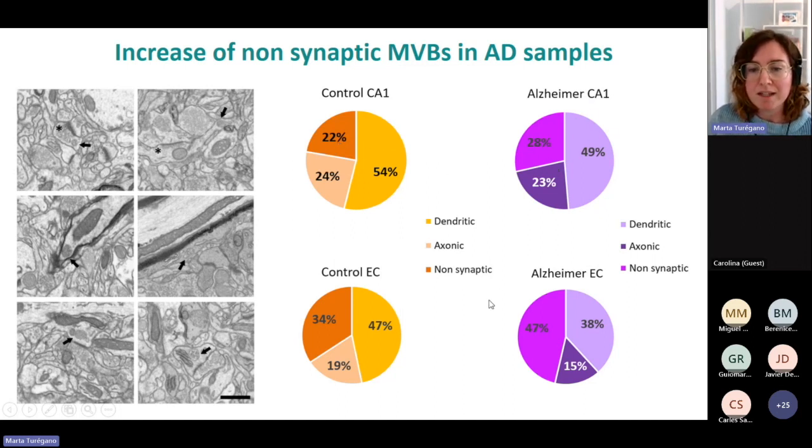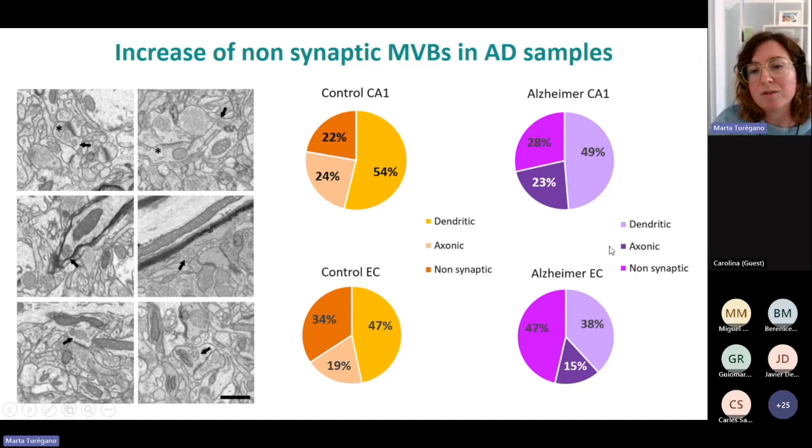This trend is more extreme in entorhinal cortex, where 34% of multivesicular bodies are in non-synaptic fibers, and this percentage increased to 47%.